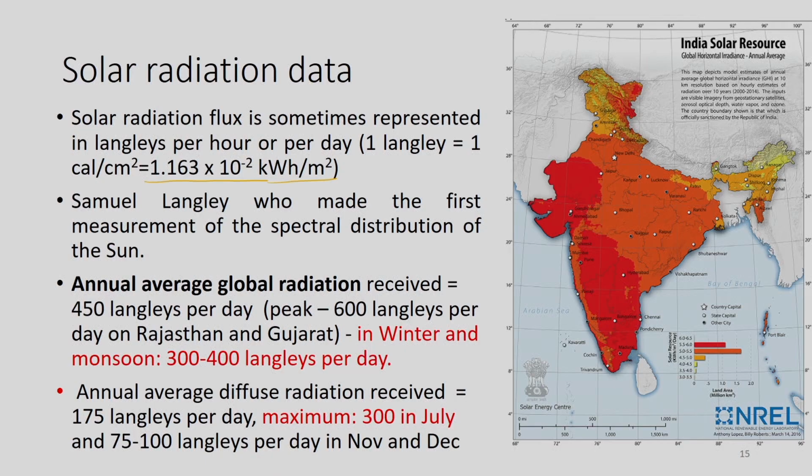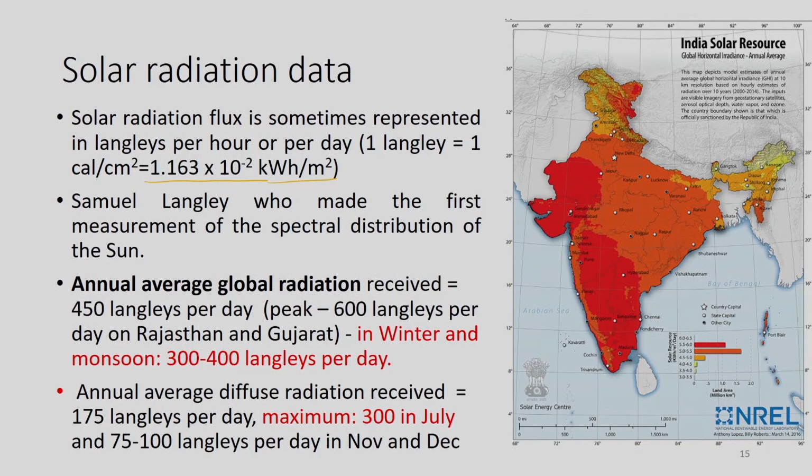So, if we see in terms of Langleys the amount of energy received in the Indian context, this is about 450 Langleys per day for the summer season if we consider global radiation.